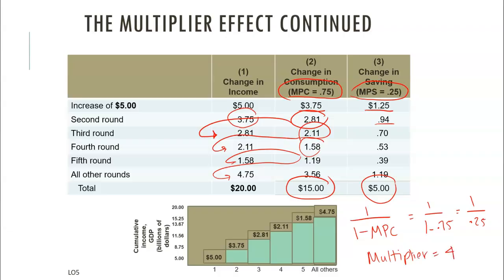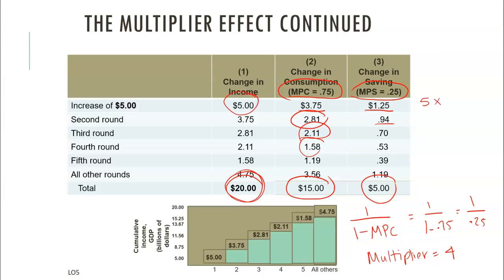equal to 4. So when we look at the total change in income in our economy, we see that it's $20. So we started with $5. We multiply by 4 from calculating our multiplier here, and we see that we have a total change in real GDP equal to $20.